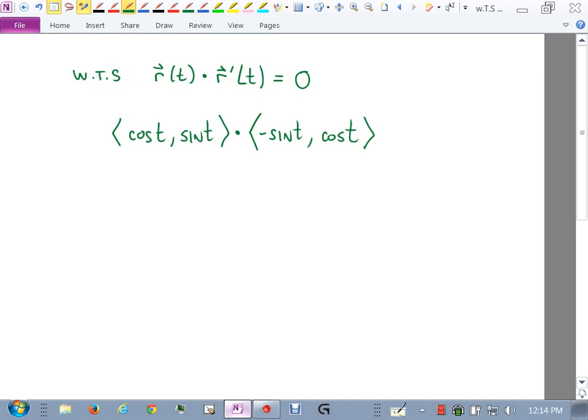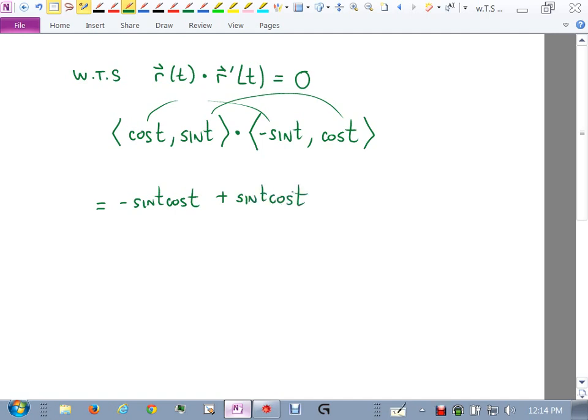All right, now dot them. You multiply this times this, which is negative sine t cosine t. Then you add to that, because it's a dot product, this times this, which is cosine t sine t, or sine t cosine t.